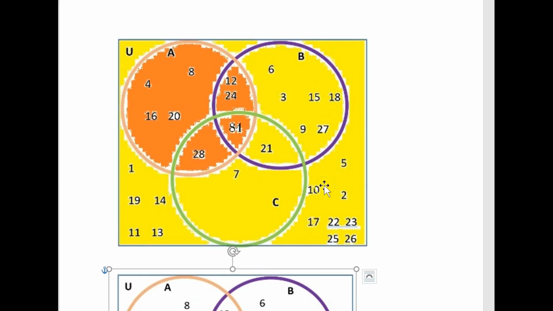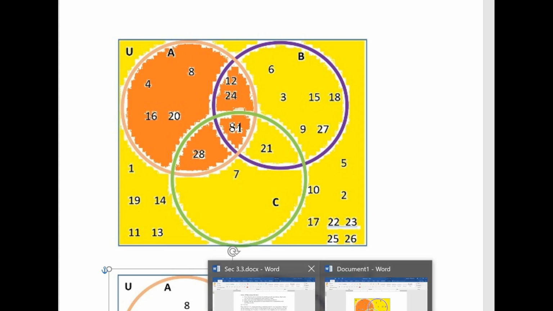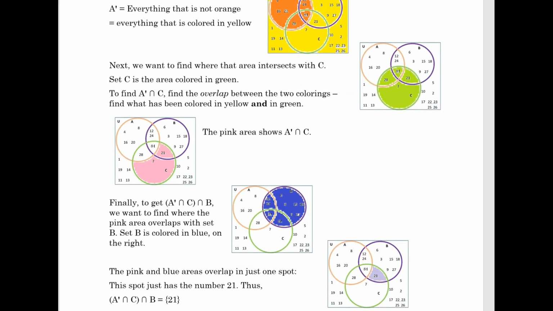So look at the yellow picture for a second and imagine I colored all of this in light green, right? So this is the part I colored both in light green and in yellow. So that's this pink area here, right? That's the part that I colored both in light green and in yellow, this pink area.